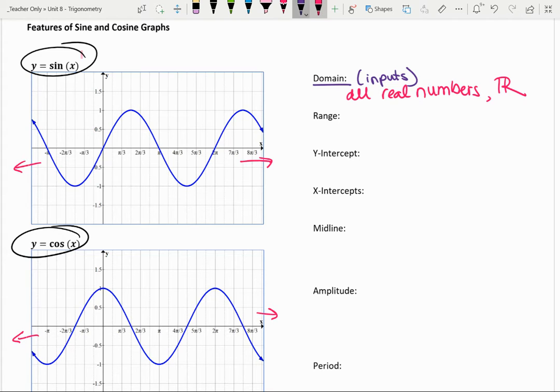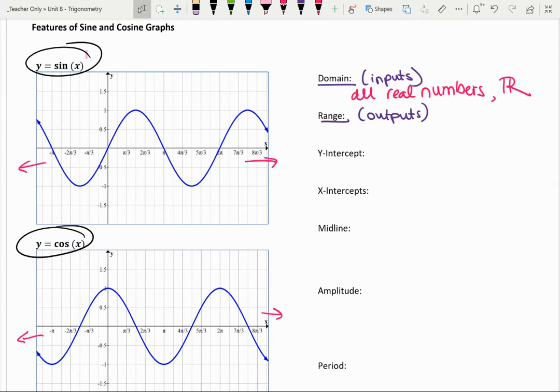Our range, we remember, represents the outputs of the function. Now, if we look closely at both of these functions, they both have a maximum value of 1, right? They go up to 1 and not above it, and they have a minimum value of -1.